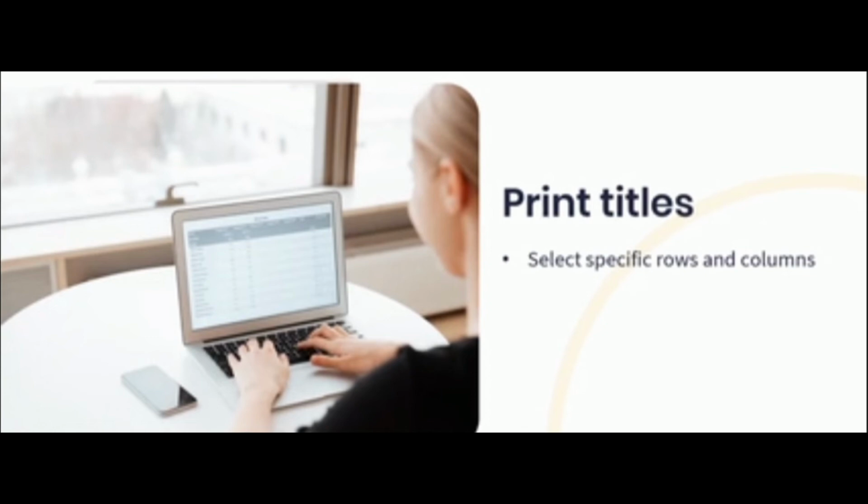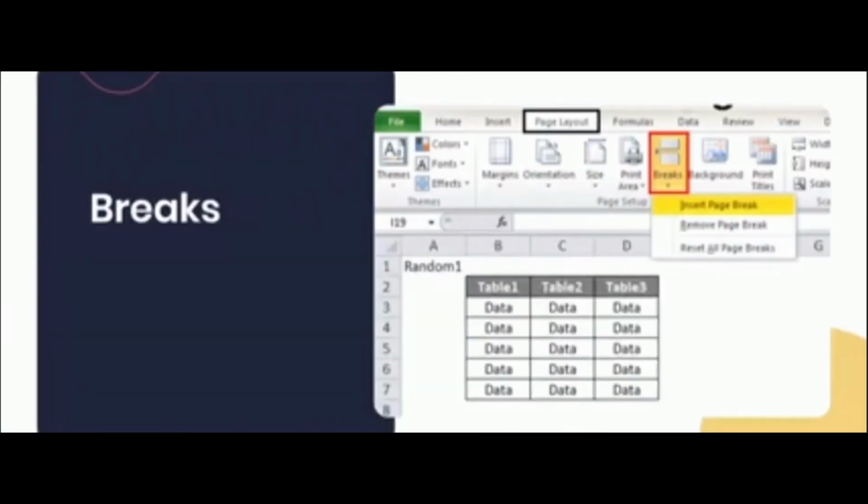You can select the rows and columns you would like to print at the top of each page, and Excel is more than happy to oblige. A page break is a forced split in your data to ensure the information below the break prints onto a new page. These page breaks are easier to see and manage in the page break preview layout.